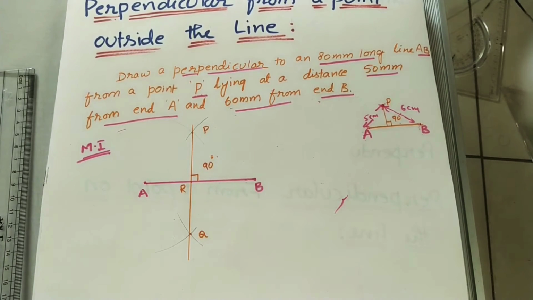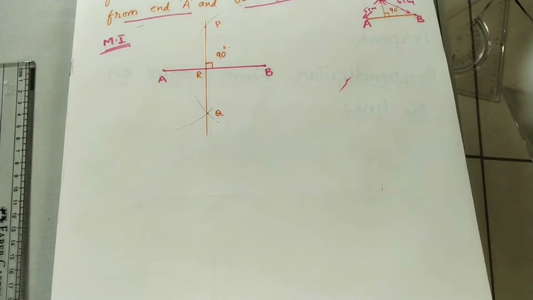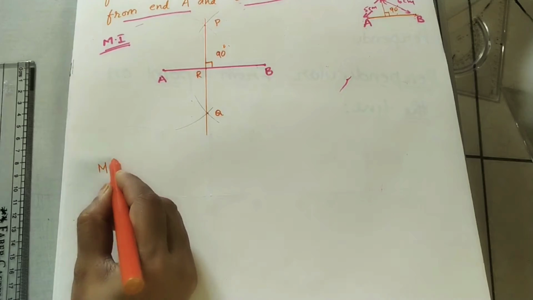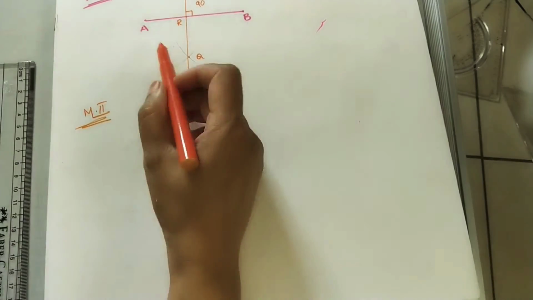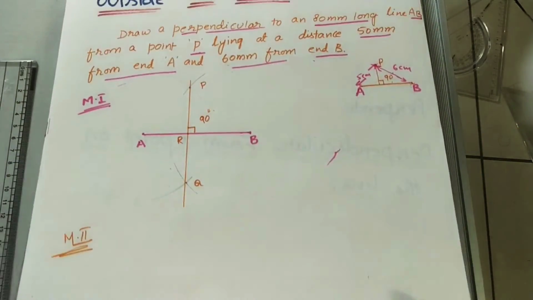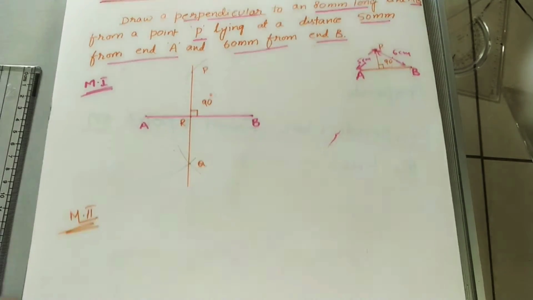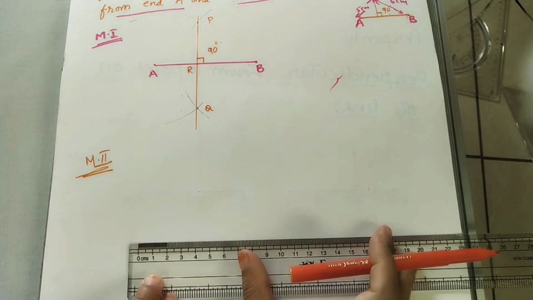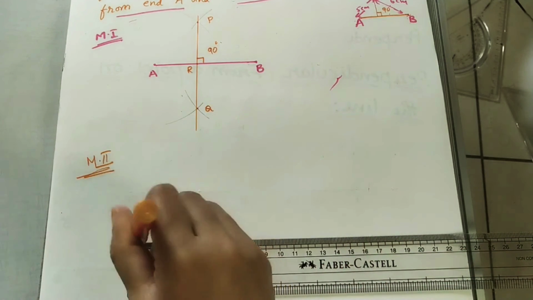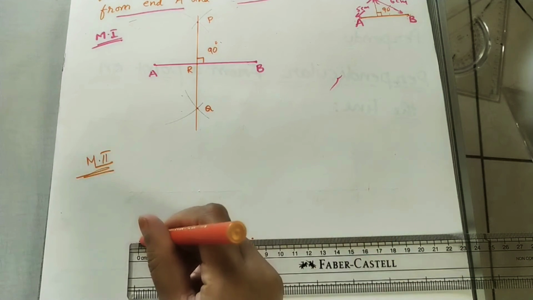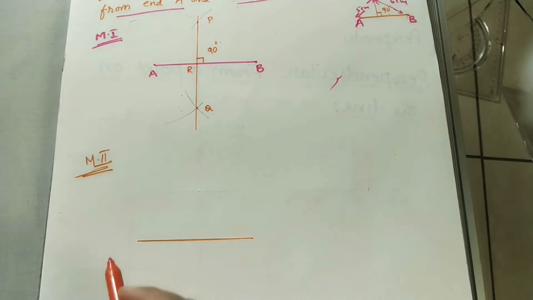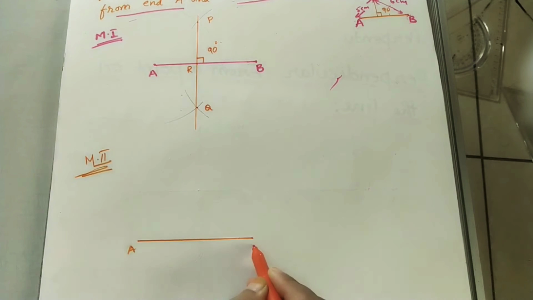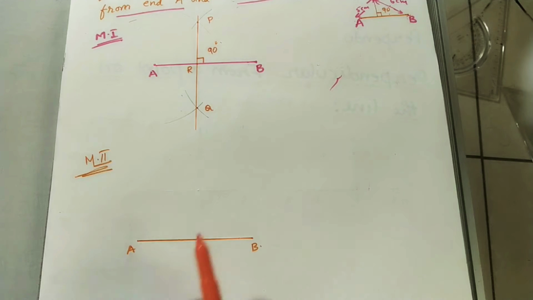Take the second method. In the second method, first draw the AB line. It is given 8 centimeter, 80 mm. First mark the end points, join the line, and give the names neatly A and B. Mark the point P. From A this point is 5 centimeter.